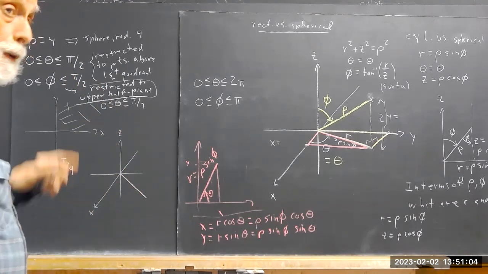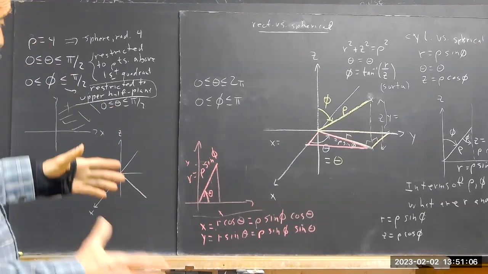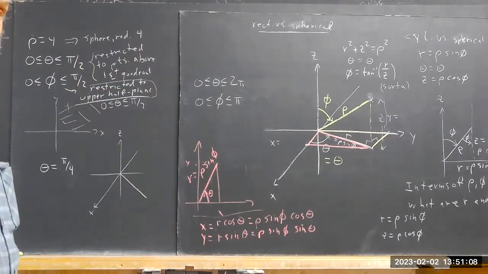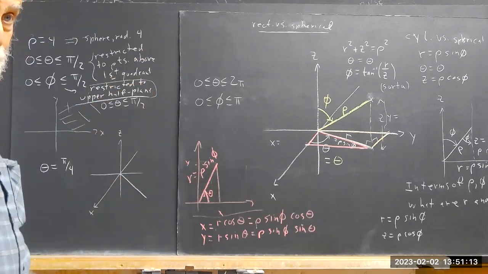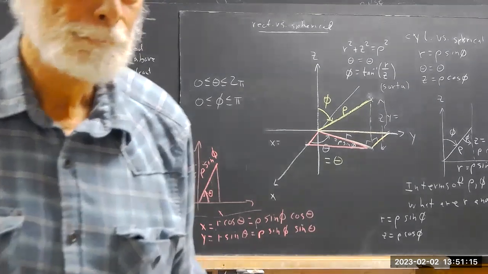Just the theta equals pi over 4 line. No restriction how far you go this way or up or down. Phi can be anything. Okay. Makes sense.